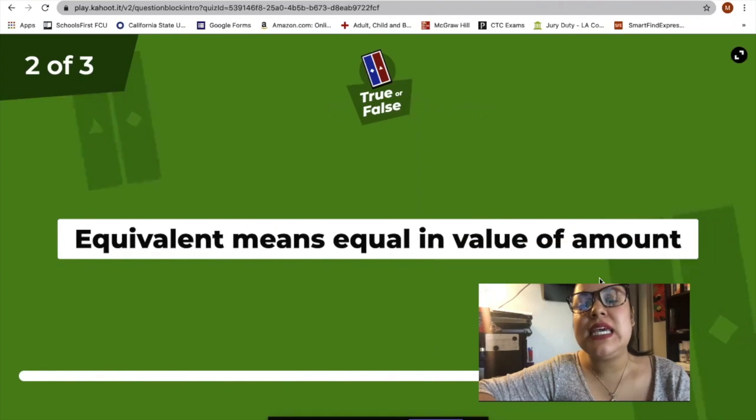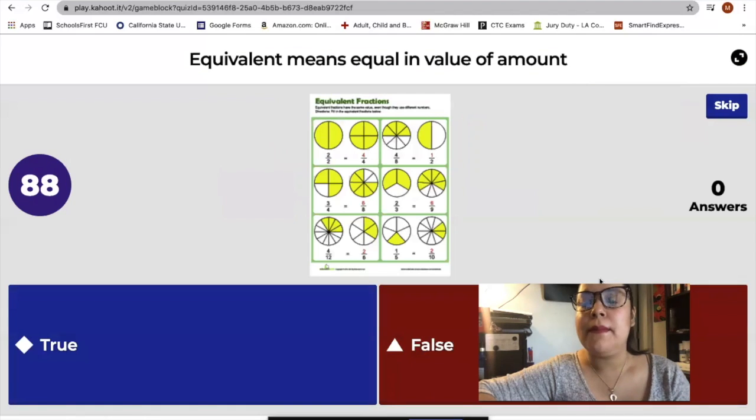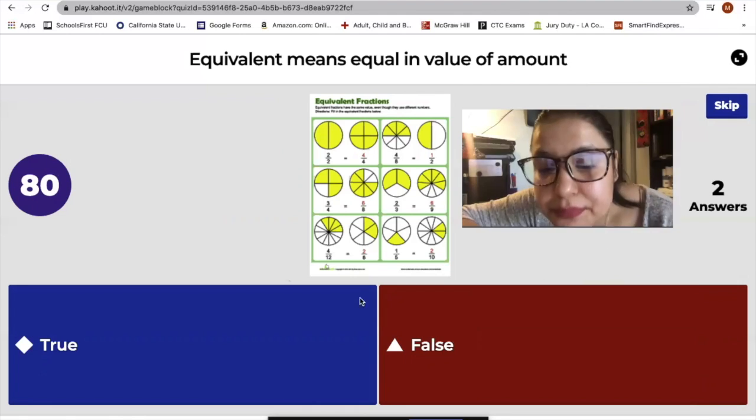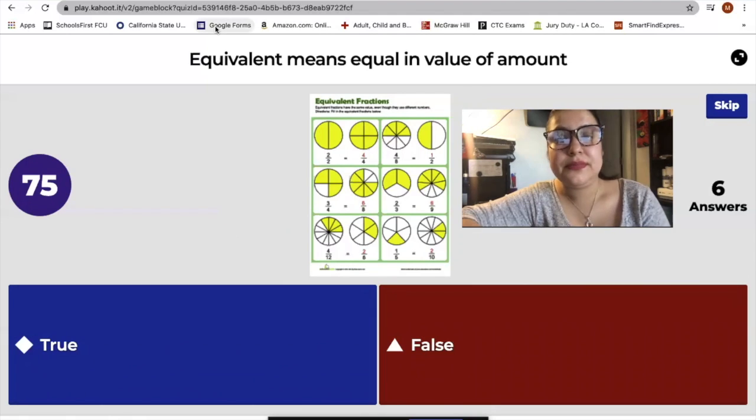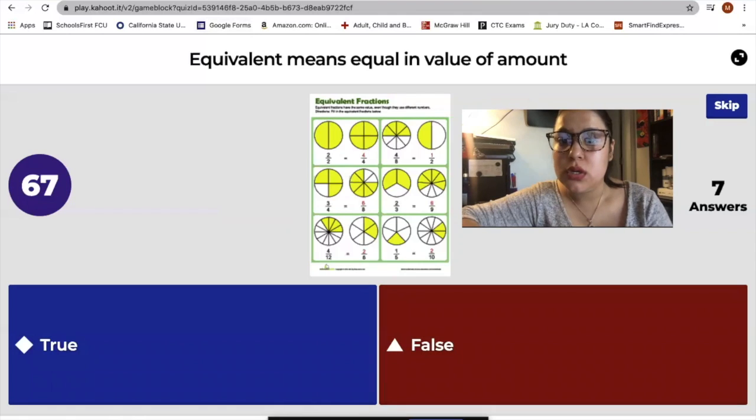Equivalent means equal in value or amount. Typo there, sorry. Equivalent means equal in value or amount. Yes. You click on the answer you think is correct.